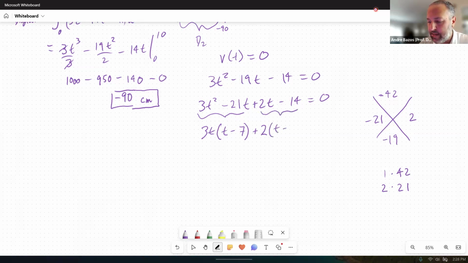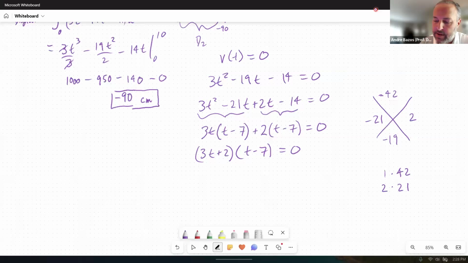I should get the same thing, t minus 7. That means I can factor out the t minus 7. I'll get 3t plus 2 times t minus 7 equals 0. So now I can solve it, either 3t plus 2 equals 0, or t minus 7 equals 0.